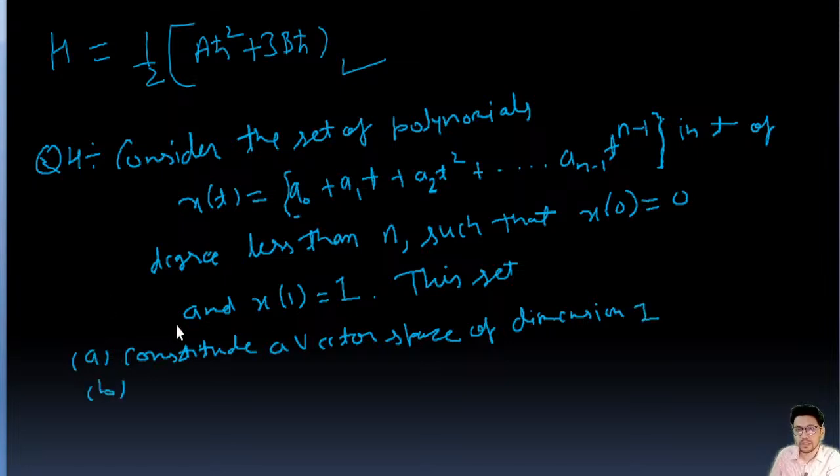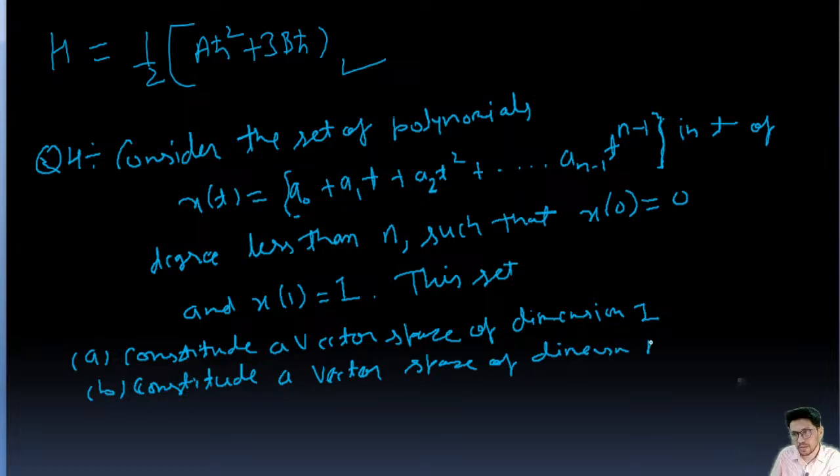Option B is constitutes a vector space of dimension n minus 1. Similarly, option C is constitutes a vector space of dimension n minus 2. And option D is does not constitute a vector space.